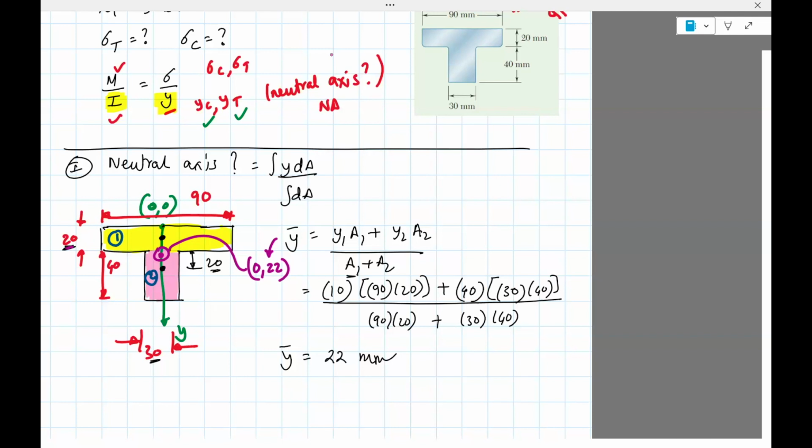Let's compute the moment of inertia. Okay, the moment of inertia is always computed about the centroid. So we need to compute about that point, 0, 22.